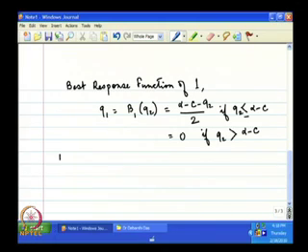Similarly, if we maximize firm 2's profit function, which will again be a function of q1 and q2, we can get, with respect to q2, the best response function of player 2, that is, firm 2.